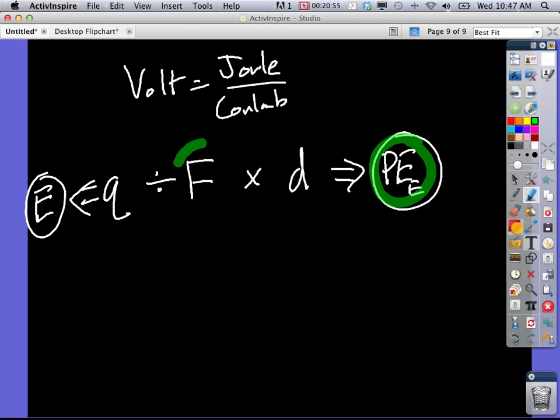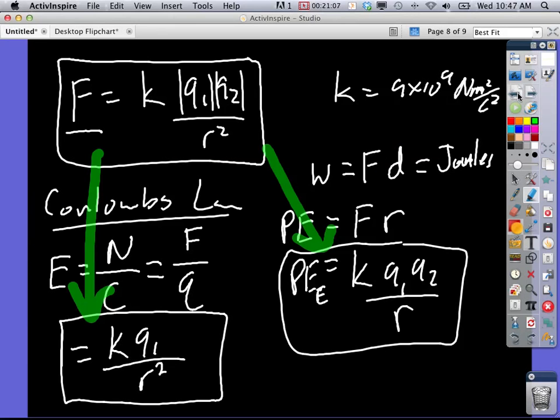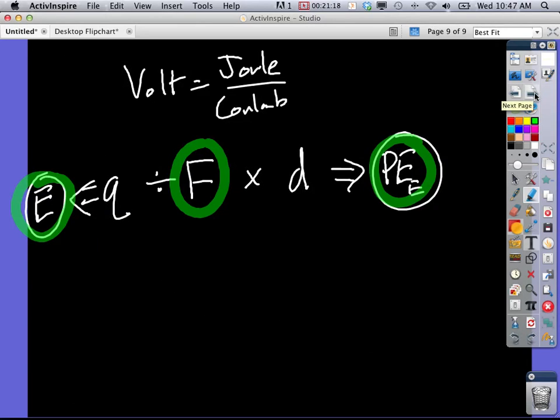Using either potential energy, force, or electric field, dividing, manipulating variables, whatever you're going to do, figure out a way to get V. Here, we took F and figured out a way to get PE by multiplying by D. Then we took F and figured out a way to get E by dividing by Q. So by dividing, multiplying, or whatever, figure out a way to get V. Basically, you're looking for the units joules per coulomb. So look at the units of those things, and you should be able to see it.